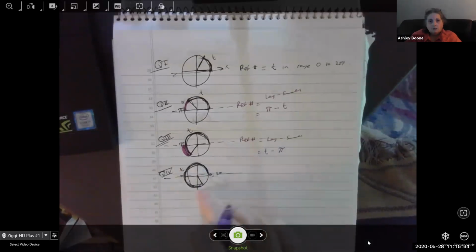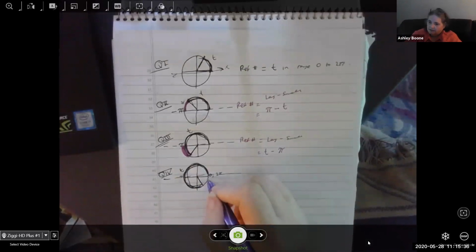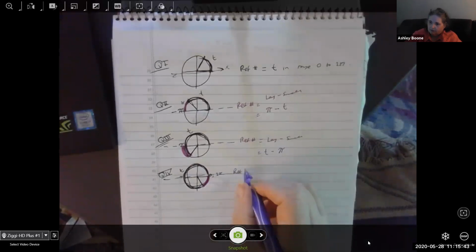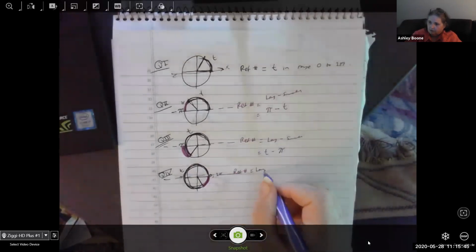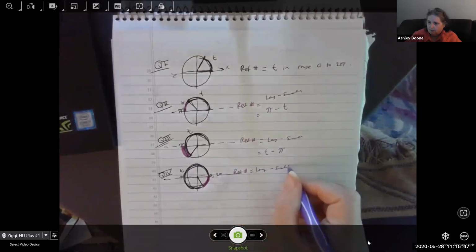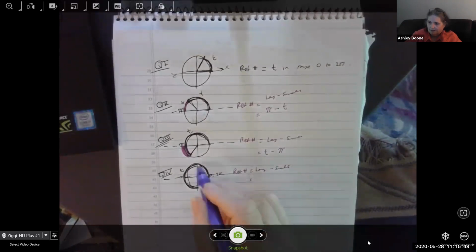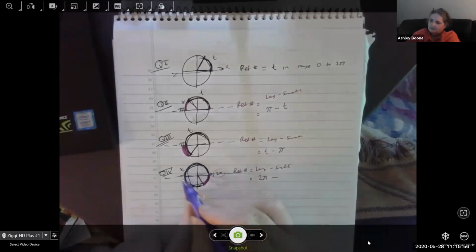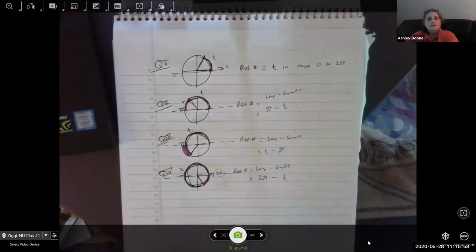If our t falls in quadrant 4, the closest distance to the x-axis is right here. So to get our reference number, we take the larger minus the smaller value. The larger value is all the way around, 2 pi, minus the smaller value, which is the distance of t.